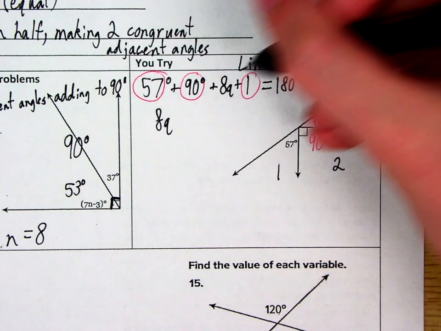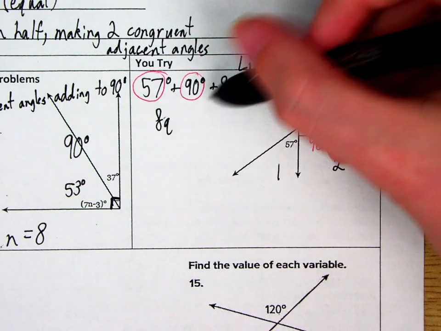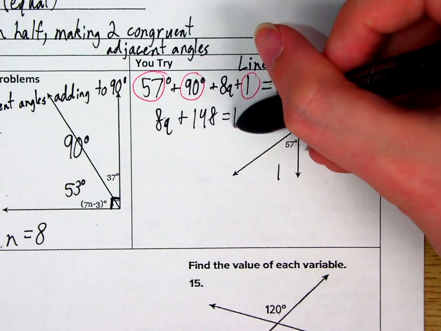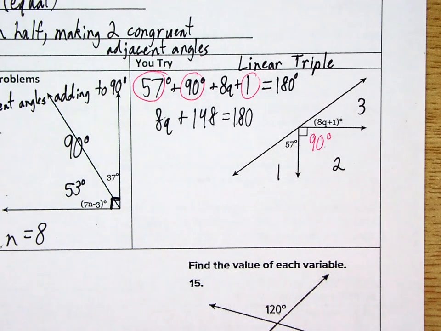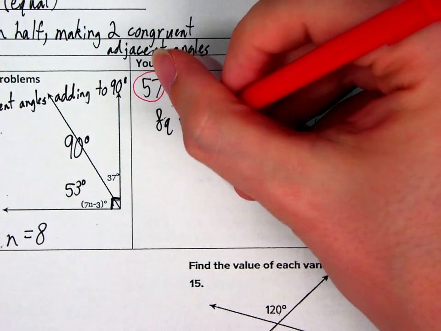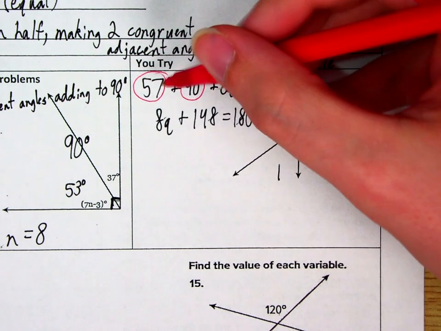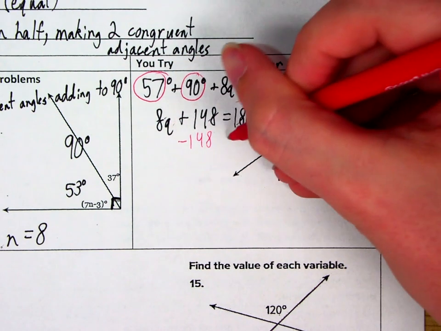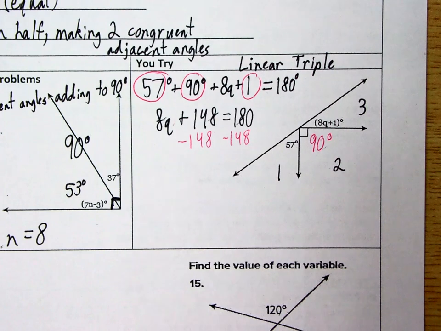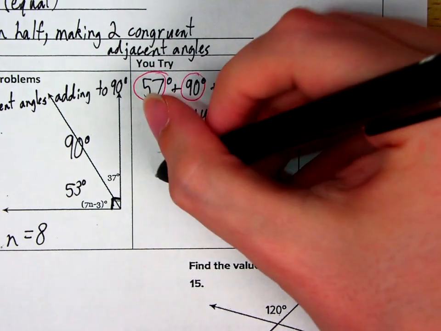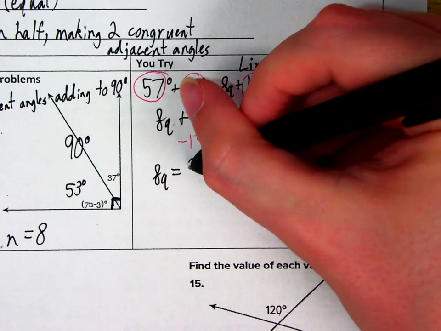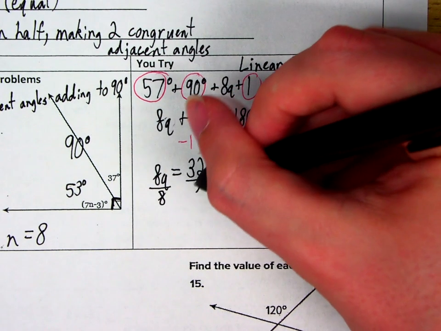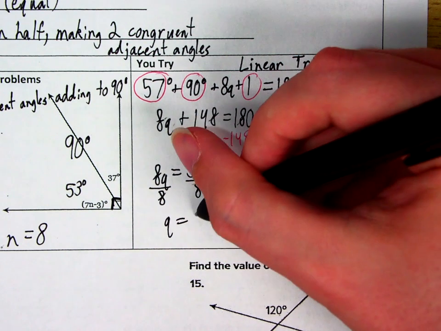We'll simplify our equation into 8q plus 148 equals 180. We're going to work to get 8q by itself, which means subtracting 148. That gives us 8q equals 32. Divide by 8, q equals 4.